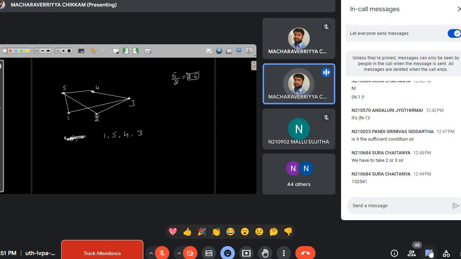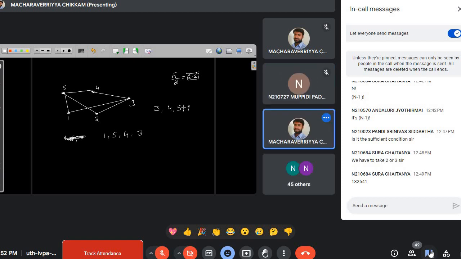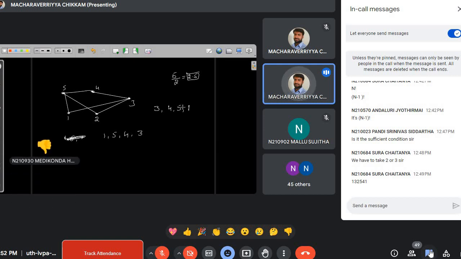But if you go to 2, it means you're leaving the vertex 1. So how about starting at 3? Let me see. 3, 4, 5, 1. Yeah, now there is a problem. From 1, we can't establish a connection here, right?